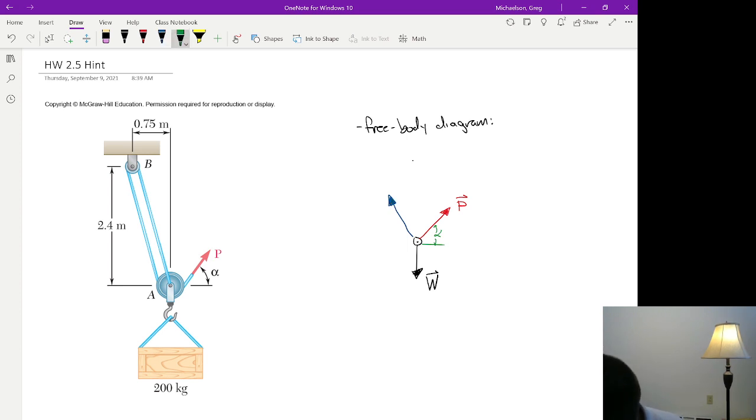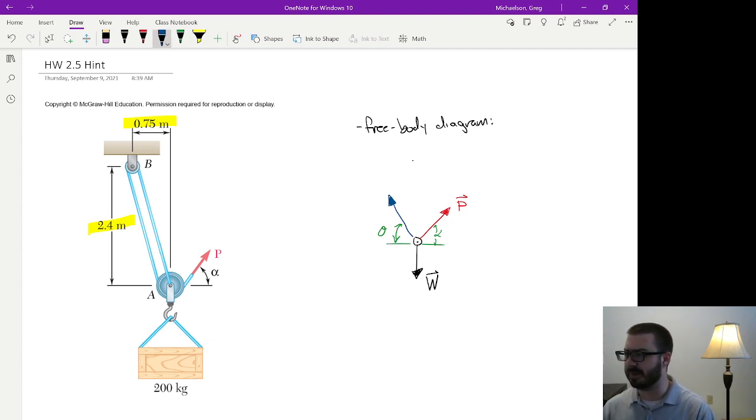Before we talk about the magnitude, you should be able to determine that angle based off of this measurement and that measurement pretty easily based on what we've done so far. That should be pretty straightforward. But what about the magnitude?